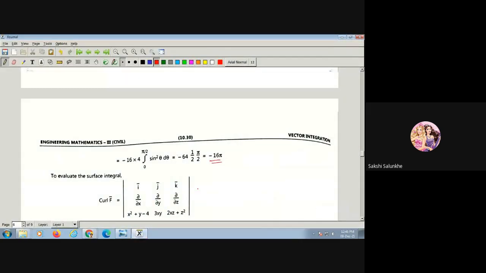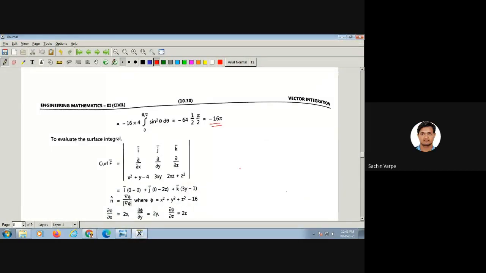Okay. So to evaluate the right hand side, let me write the Stokes theorem again. The integral of f bar dot dr bar over the closed curve C is nothing but the surface integral of the curl of f bar, that is del cross f bar dot n cap ds, over the surface S, which must be an open surface. We have considered an open surface. Let us now evaluate del cross f bar.